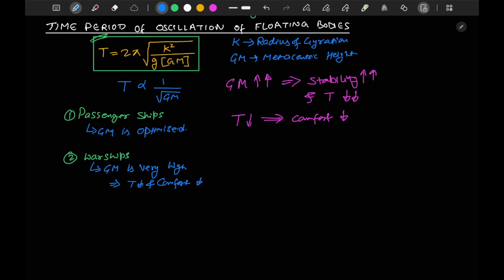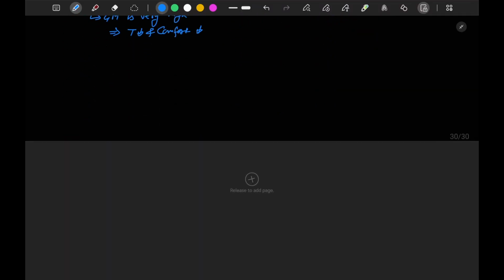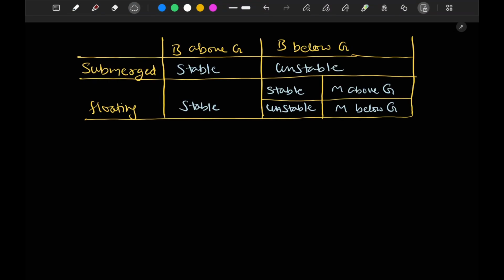Now as I mentioned earlier, I will review a summary of stability for submerged and partially submerged bodies. So this is your summary here.